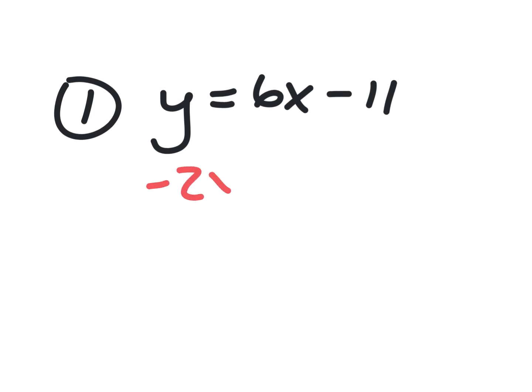Y equals 6x minus 11. And the other one? Negative 2x minus 3y equals negative 7. Okay, you're going to step up right away. The first one is medium. It's not super easy.